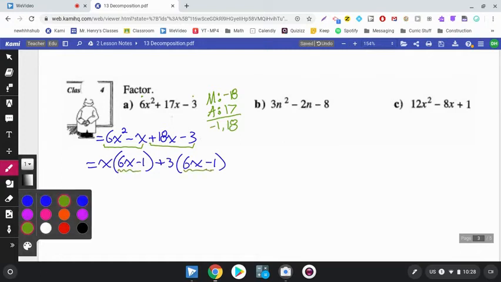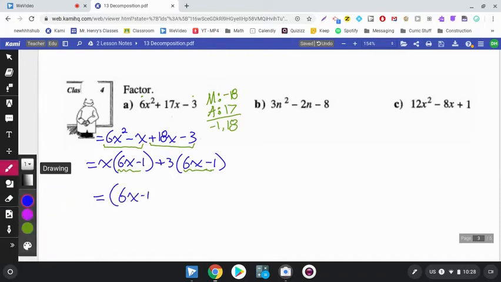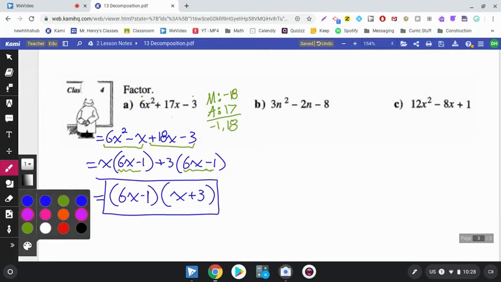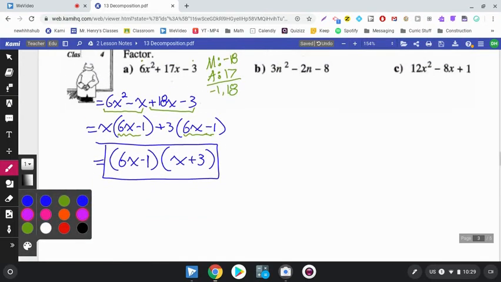Equals, factor out your 6x minus 1. And I'd be left with an x plus 3. Okay, there you go. And here is where, maybe I'll just do it quickly because I have space below, we could do a check, a really informal check if we wanted.